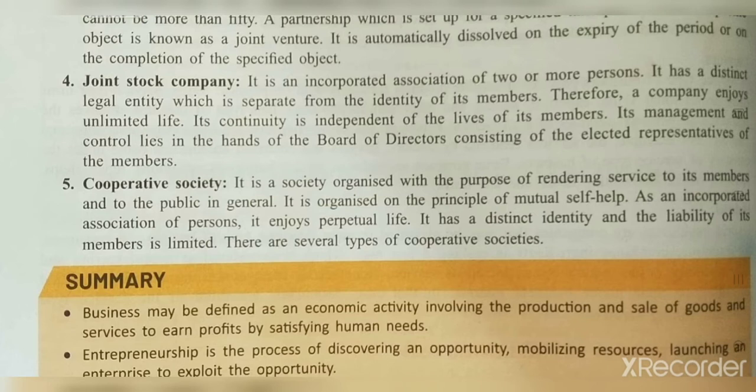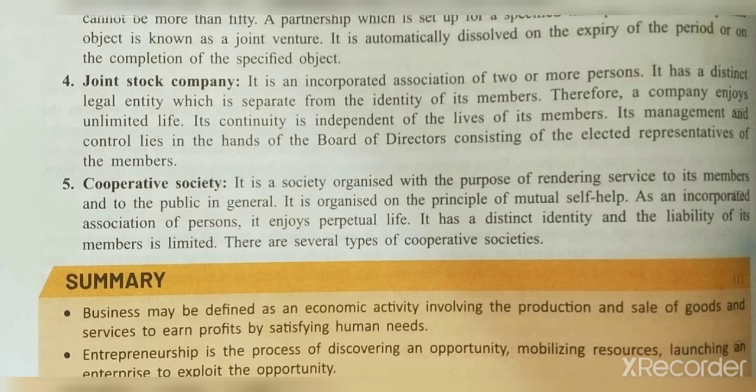So in a cooperative society, it is developed and established with the help of the public, right? It renders service to its members and the public in general. It is organized on the principle of mutual self-help, along with the public point of view also.